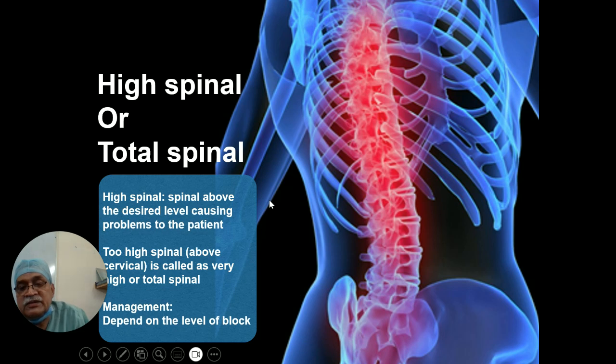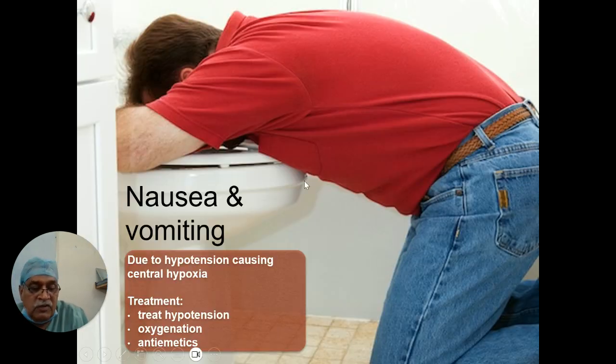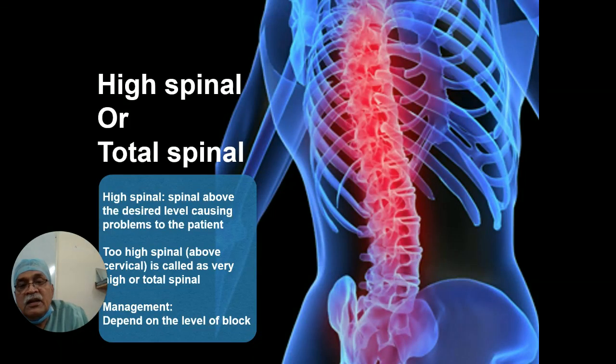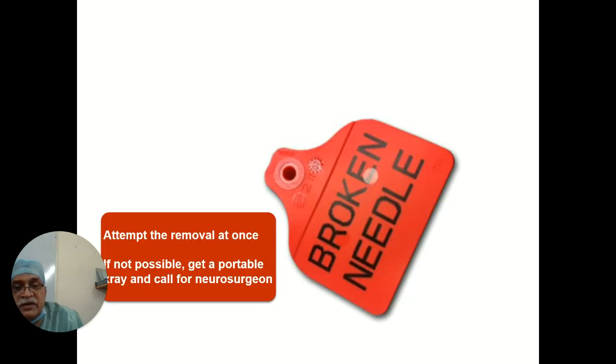The management depends on the level of blockade. If the level is high enough to cause respiratory paralysis, and protective cough mechanisms and others are gone, then it is better to intubate the patient.